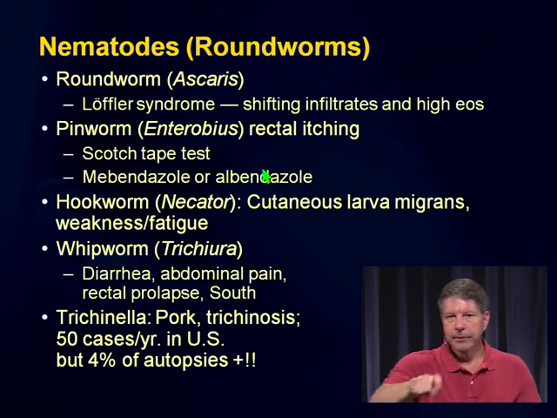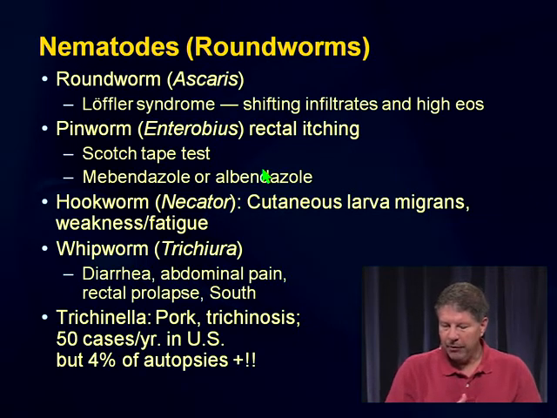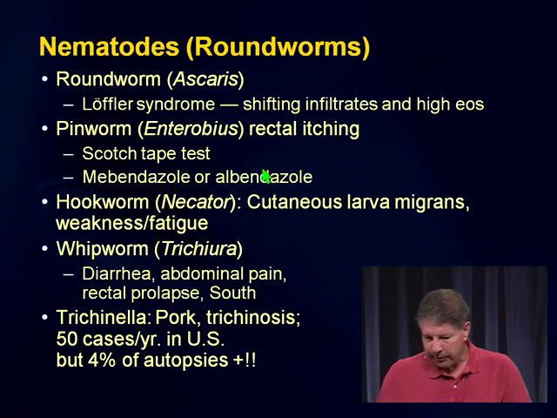So cutaneous larva migrans is hookworm. Whipworm is diarrhea, abdominal pain, rectal prolapse. And then Trichinella is from eating pork that's not properly cooked. Again, we'll spend more time talking about these tomorrow with zoonoses.